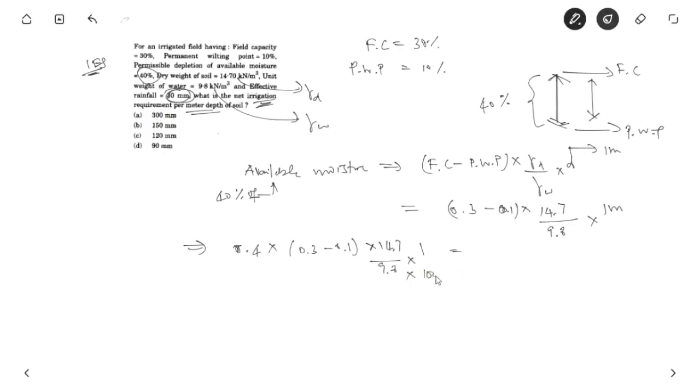The options are given in mm, so we convert to mm, and we get 120 mm. And here it is important that for net irrigation we have to subtract the effective rainfall. So 30 mm has come from rainfall, so we get 90 mm. This is our required answer, the net irrigation depth required, 90 mm. Option D is your answer.